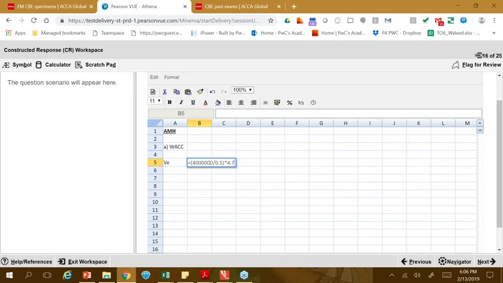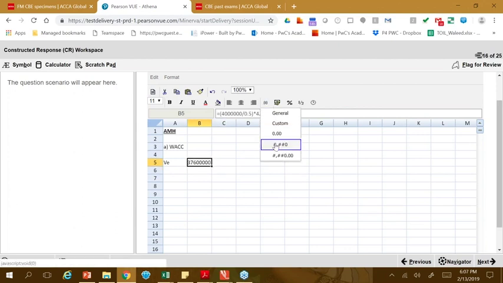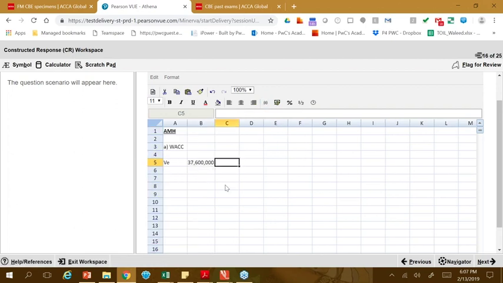So this has given me the value of equity: share capital in dollar terms over the par value into the market price per share. And that has given me the value of equity, which is $37 million. So all workings are in dollars. So 37,600. Next thing is the value of the preferred share.